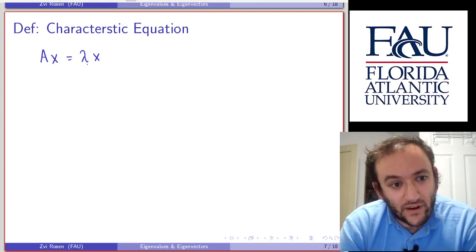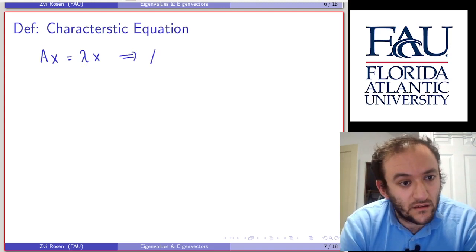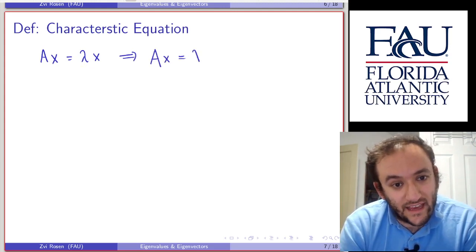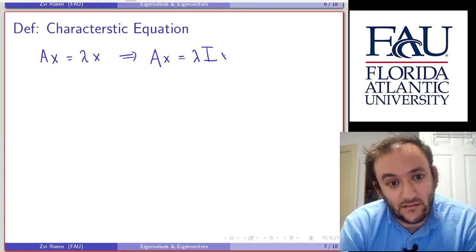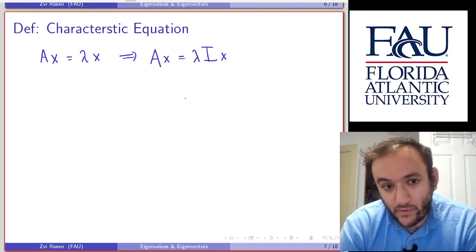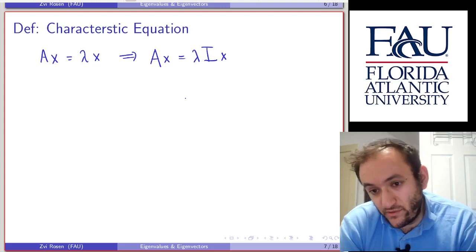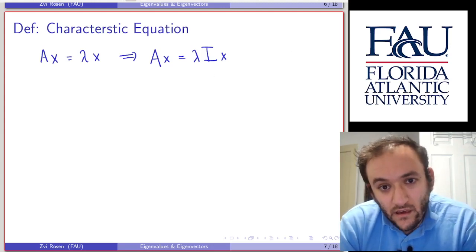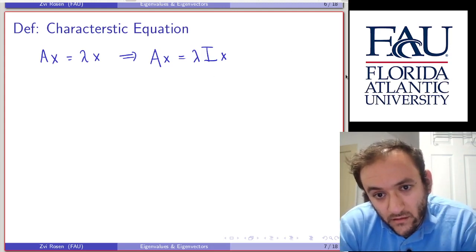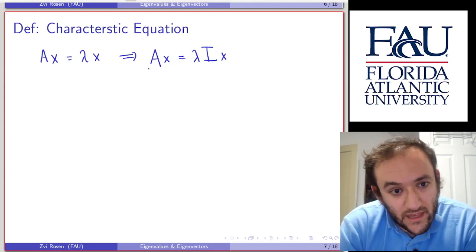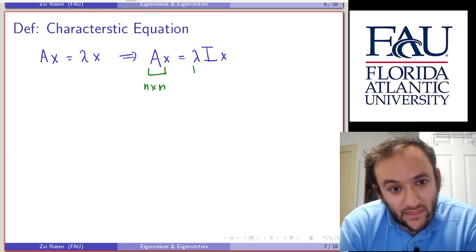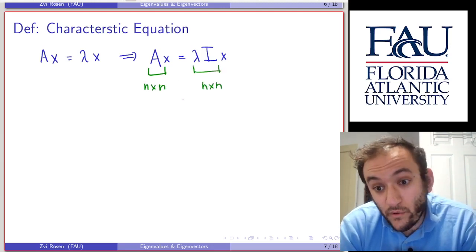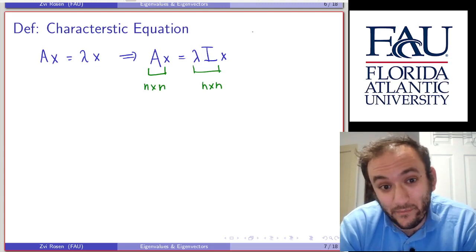And another way of writing this would be Ax equals lambda times the identity matrix times x, because x is equal to the identity times x. Well, this is an n by n matrix, and this is an n by n matrix. So what we're going to do is combine them.